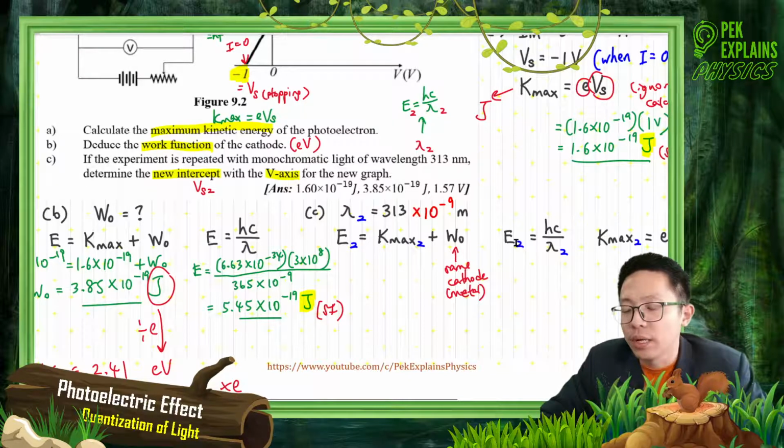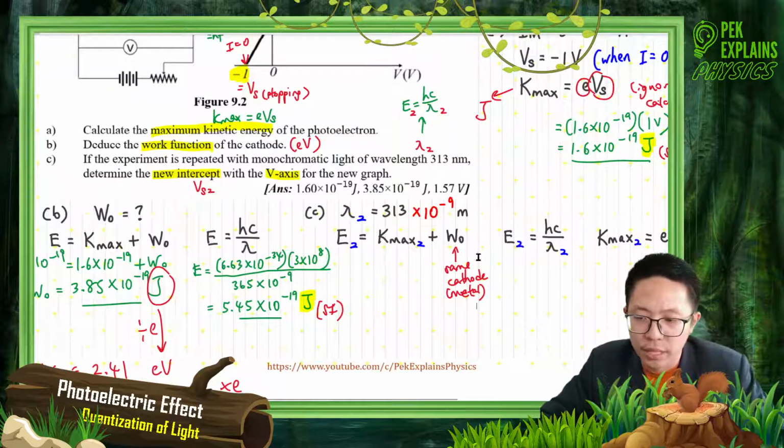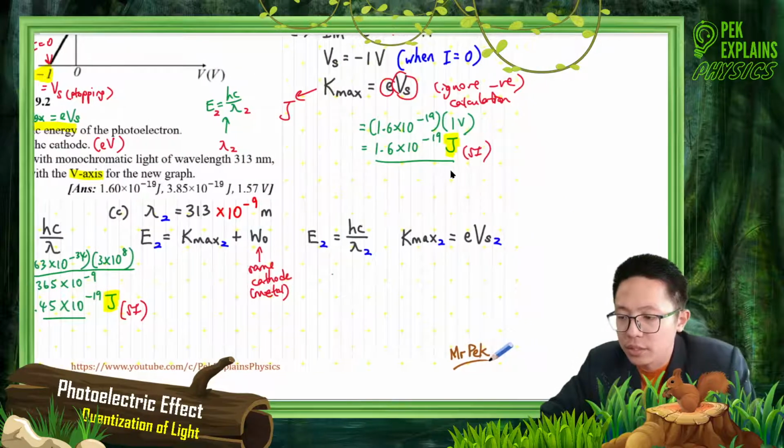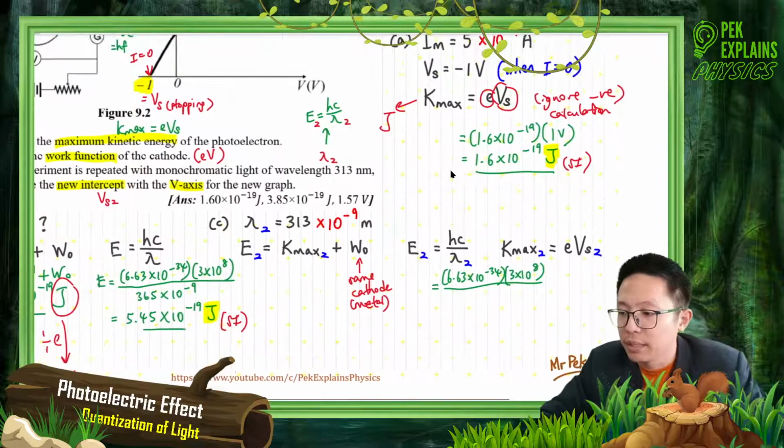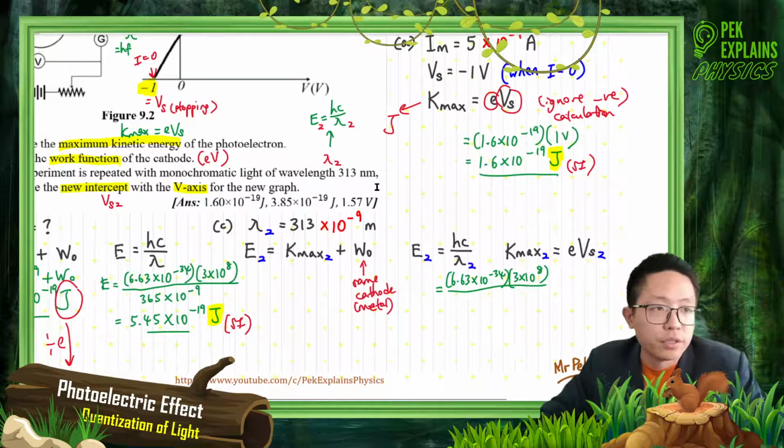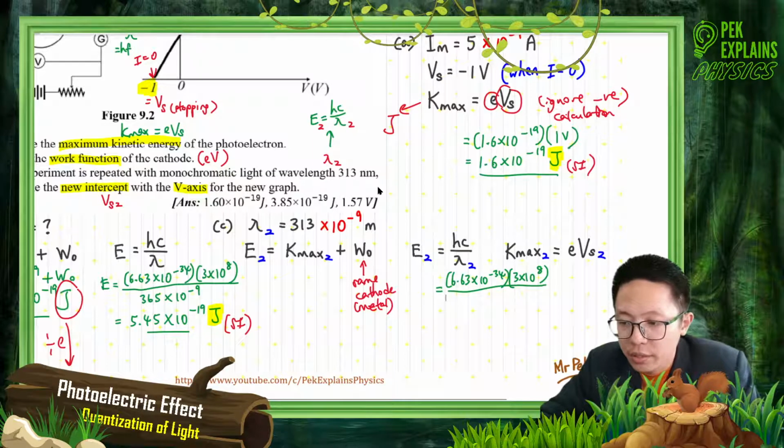Okay, so first of all, we need to find the energy of the new photon. So substitute. h is 6.63 exponent negative 34, speed of light is 3 exponent 8, and lambda is 313 nanometer. 313 nano is exponent negative 9.